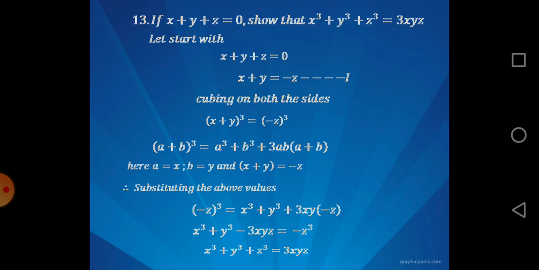When you open the bracket, it becomes x cube plus y cube minus 3xyz is equal to minus z cube. Minus z cube will be transposed to LHS and 3xyz will be transposed to RHS, and thus we have come to whatever is required, that is x cube plus y cube plus z cube is equal to 3xyz.